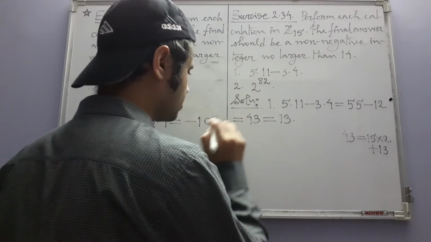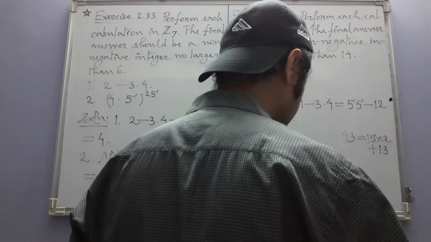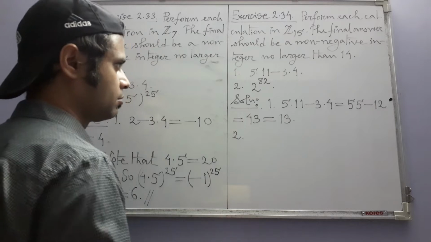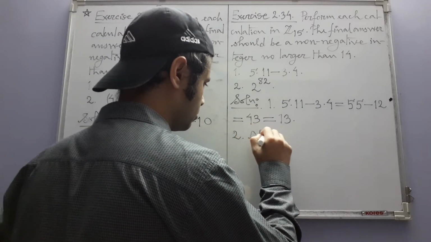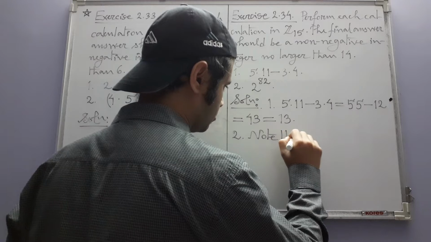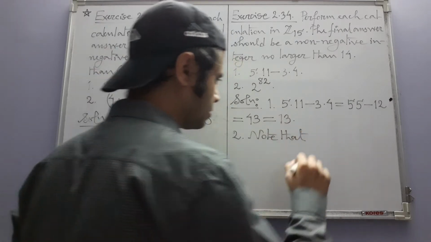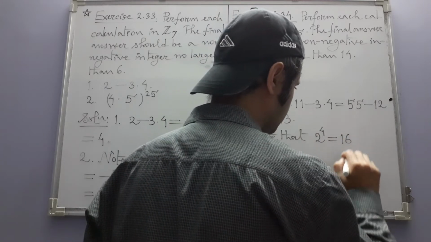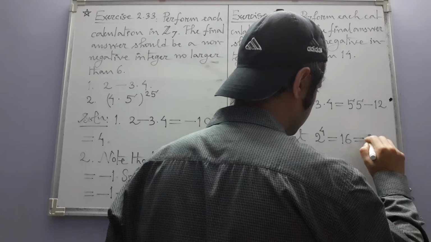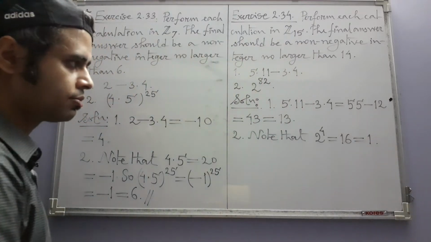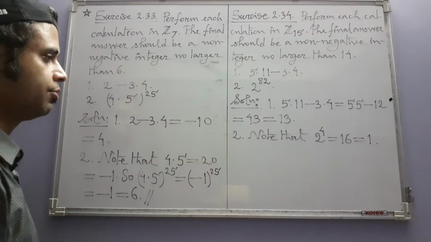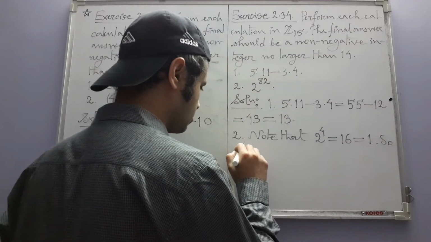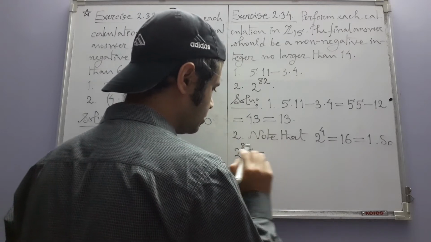And for the second one, note that the fourth power of 2 is of course 16, and 16 is congruent to 1 mod 15, so this is equal to 1 in Z15. So 2 to the power 82 is what?